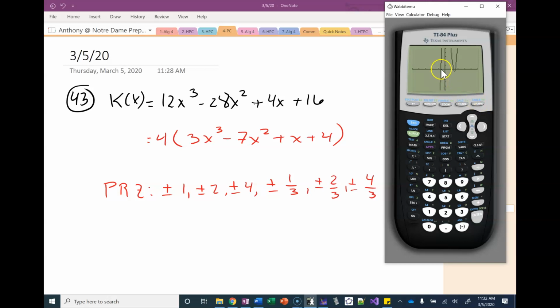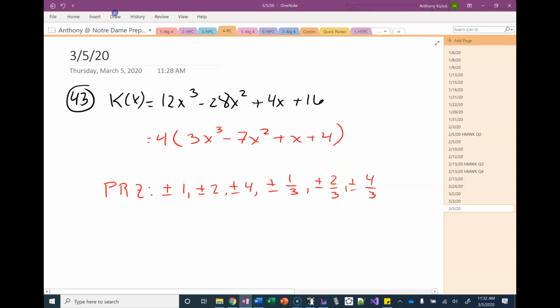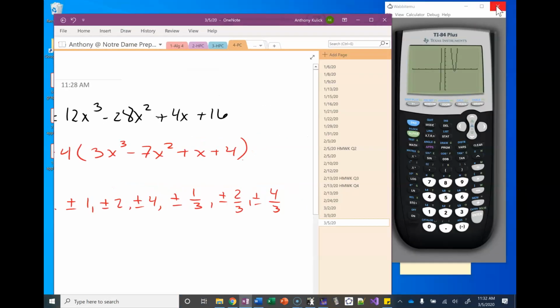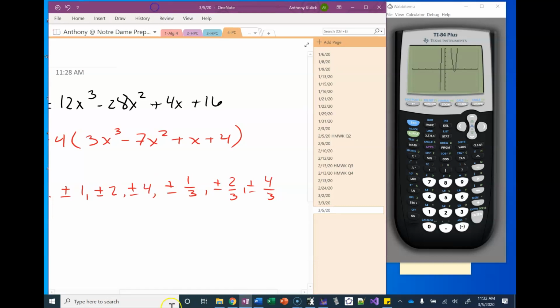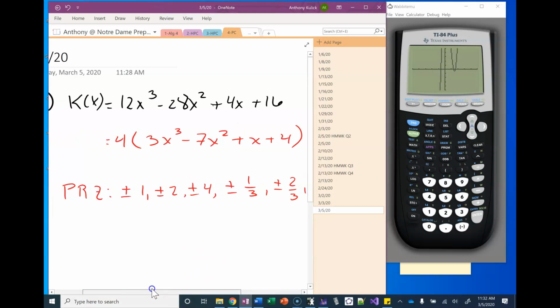So if I look at this, I have something that's a little more than -1. Or, I'm sorry, yeah, so maybe -2/3 might be a reasonable guess. Let me pull up my stuff so we can write some of this down that we're seeing. So looking at the graph, we see x equals -2/3. Maybe.